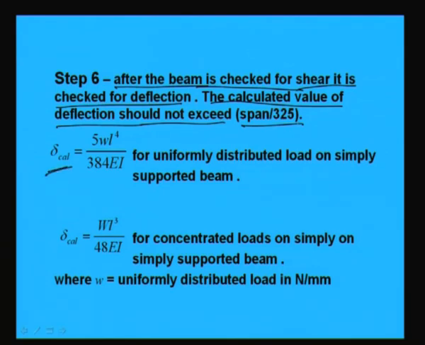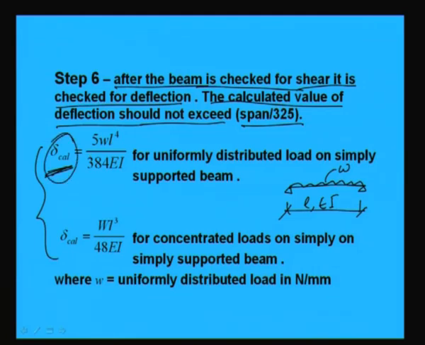Now, the calculated value we can find out; say two cases we have cited here. One is, say, a uniformly distributed load on a simply supported beam, if it is like this, say this is w and say this is L, and EI, then we can find that the maximum deflection is 5 by 384 wL to the power 4 by EI. Okay. In this way we can find the maximum deflection, and similarly for a concentrated load on a simply supported beam, what will happen?